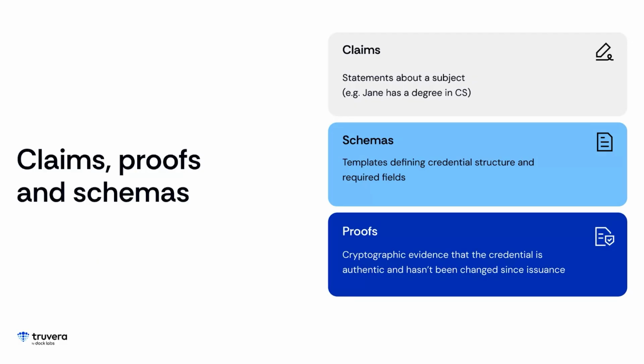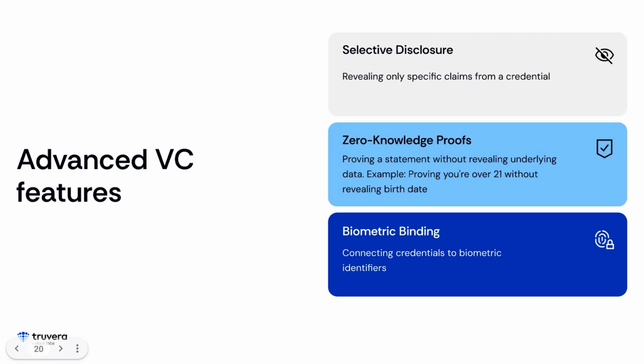Instead of saying income's $50,000 a year, you can say income's over $20,000 a year. And having that range requires advanced cryptography, but our SDK makes that very straightforward to do. Oh, sorry, I forgot. We have a whole slide on that. So depending on how you sign the credential, gives you access to these advanced features of selective disclosure and zero-knowledge proofs.